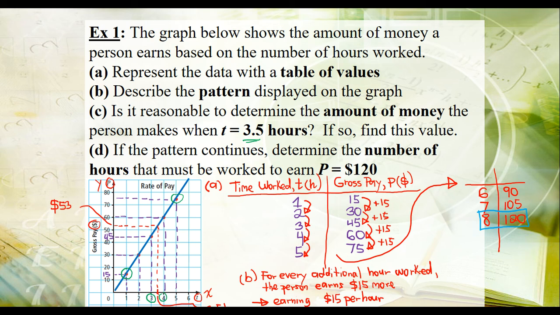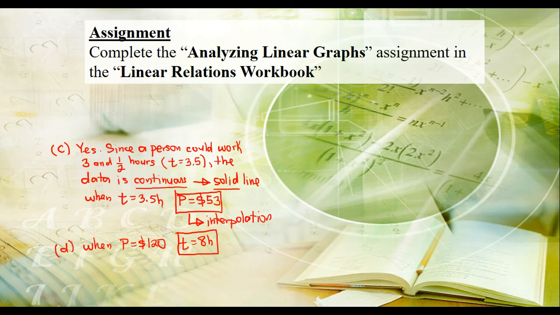Well, it's a little bit tough to see because we're not looking at the graph here. But 8 hours would be beyond what I've plotted with my data. So extending the table of values goes beyond my plotted data. Therefore, this would be an extrapolation of the data.